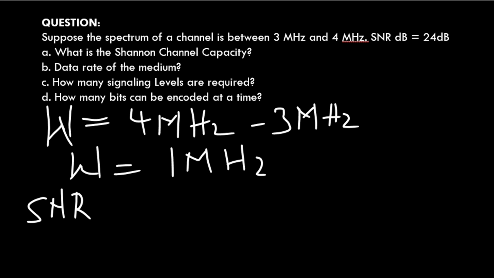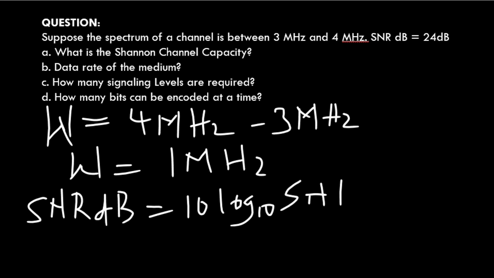Now SNRdB is equal to 10 log 10 SNR, where the SNR is the signal to noise ratio. The SNRdB was given, and this is the convention that we use. The SNRdB is 10 log 10 SNR, and we are going to make the SNR the subject here.